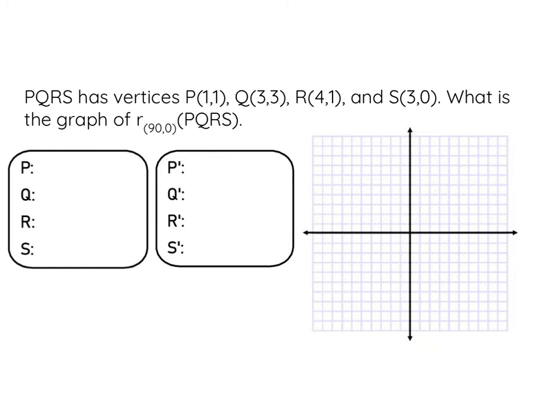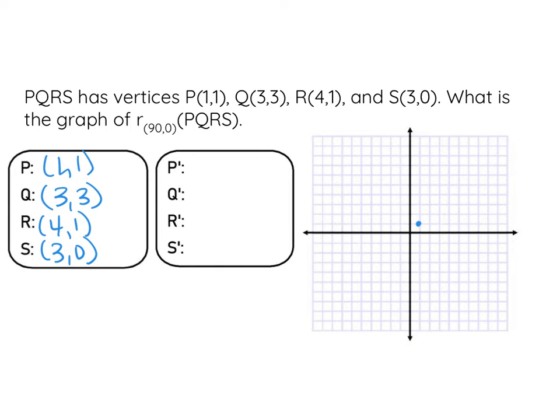All right, now here's where we're going to actually have to use our rules. Okay, so first let's start by graphing PQRS. So P is at 1, 1, Q is at 3, 3, R is at 4, 1, and S is at 3, 0.